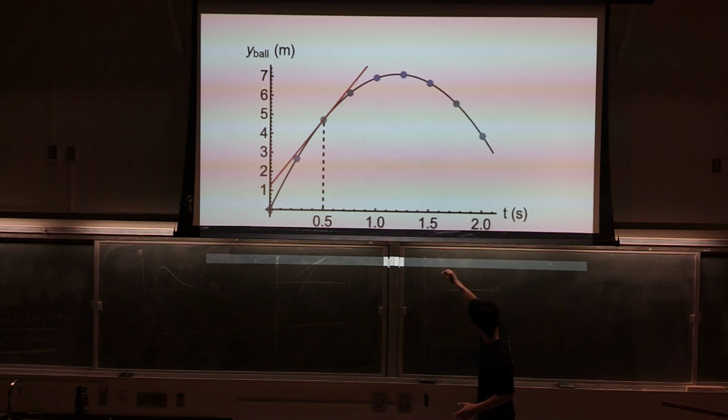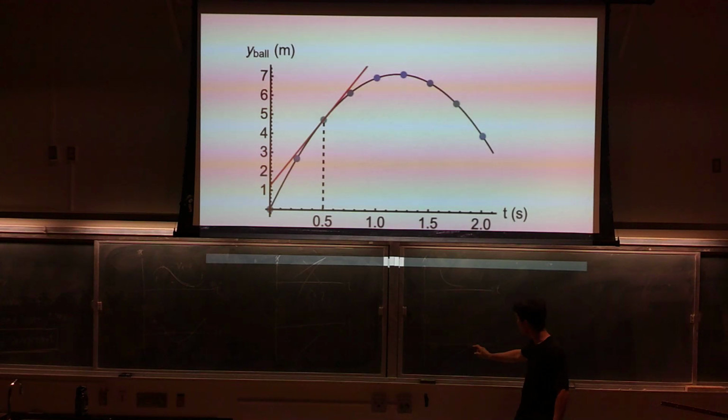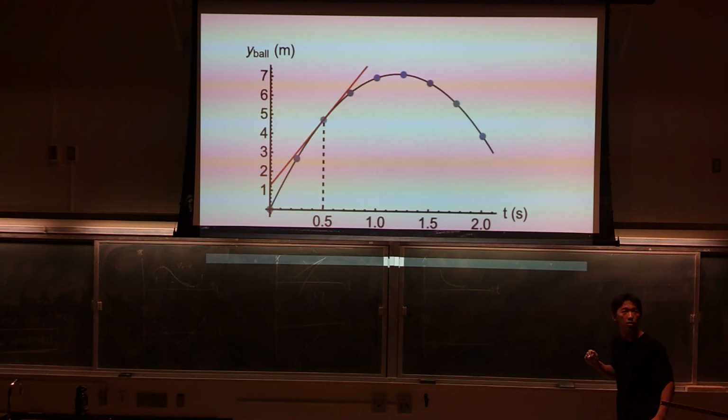And it will decrease like this because the x velocity is approaching 0, which means that the slope should approach a flat 0, so the curve is curving upward. Okay?